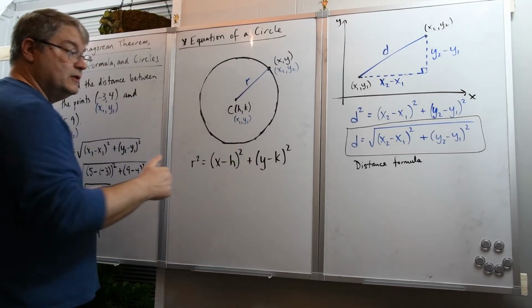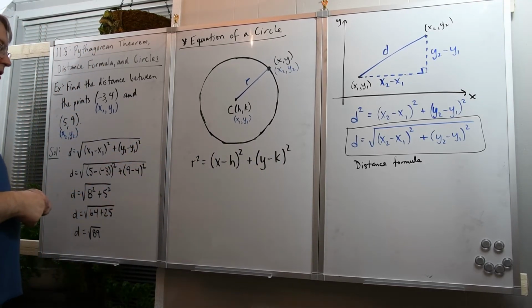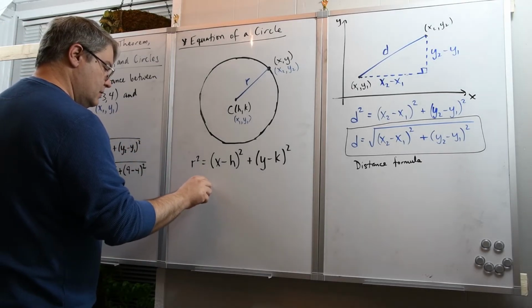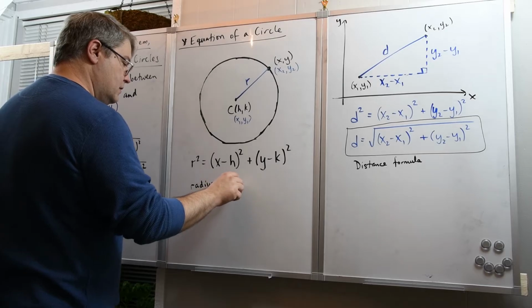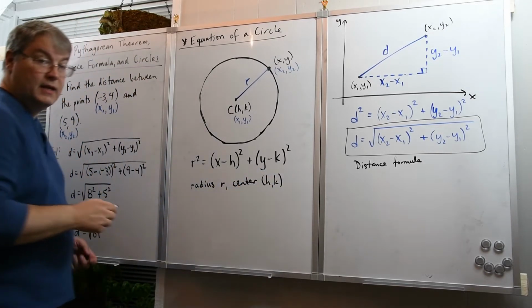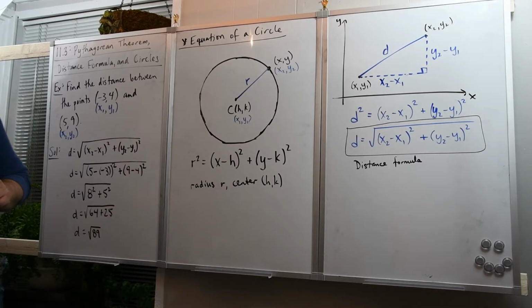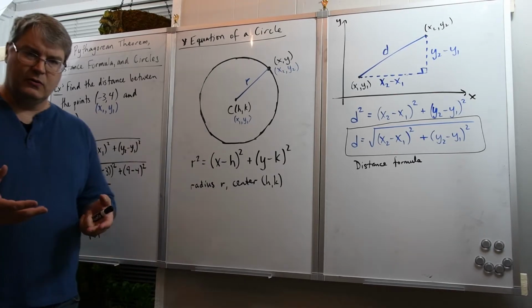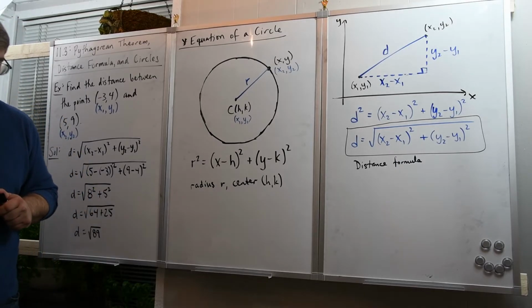And this is an equation for a circle of radius r centered at the point h comma k. And so I want to take you through a couple of examples in which we consider what the equation for a particular circle would be with a certain center and radius.